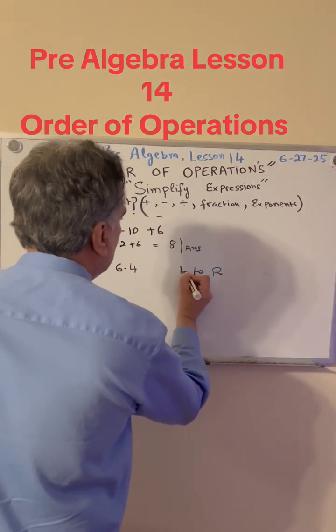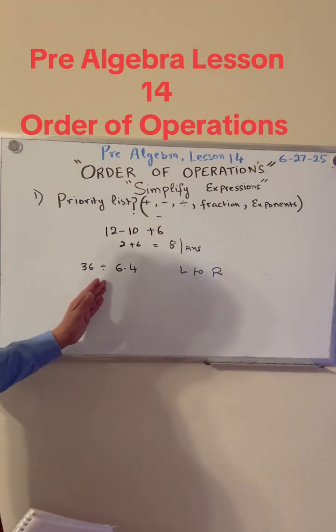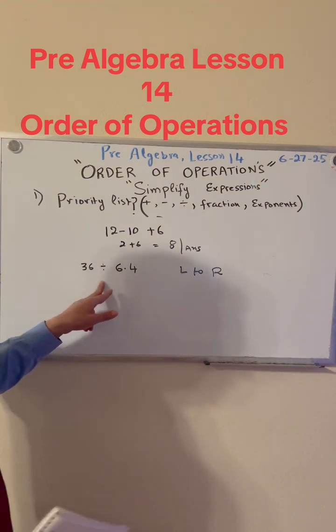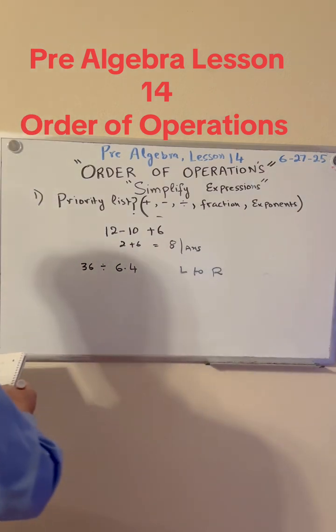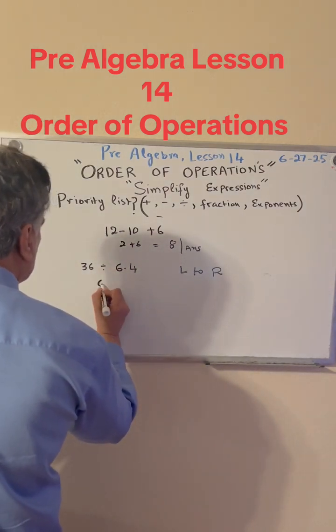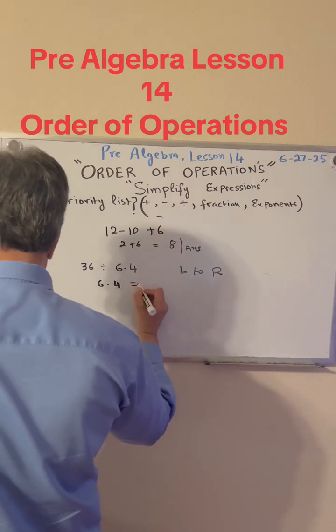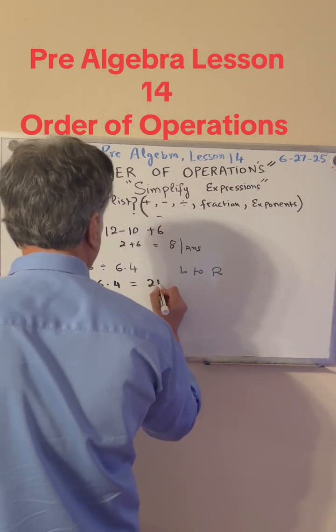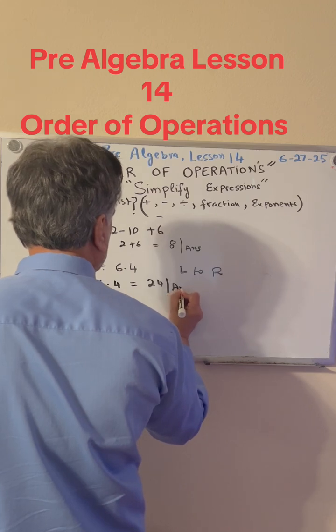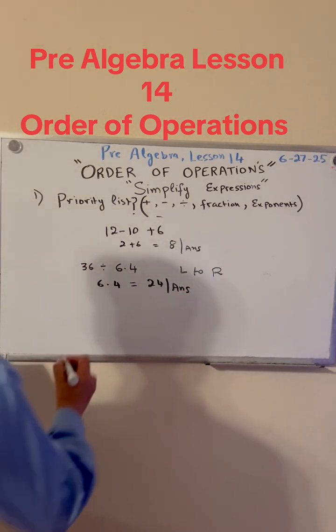That is always going to be the case when you have multiplication and division in an expression. First I'll divide 36 by 6. That gives 6 multiplied by 4, so the answer, my friends, is 24.